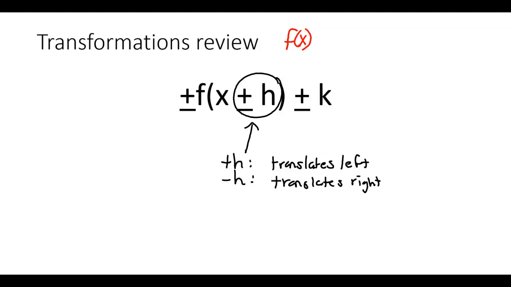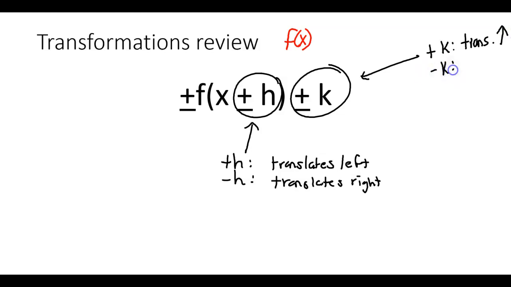So the number that you add or subtract to the x, that just slides your graph to the left and right. The number that you add or subtract outside the parentheses, that shifts your graph up and down. So if you have a positive k value, that's a translation up. If you have a negative k value, that's a translation in a downwards direction.